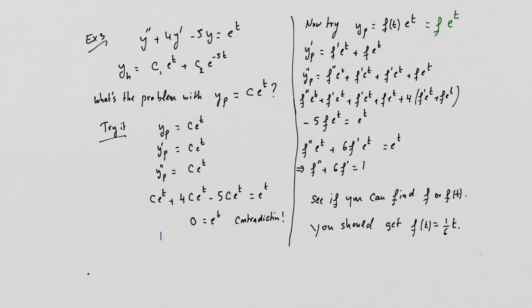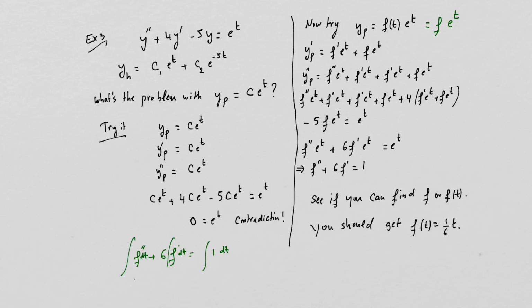Another way to do it is to integrate twice. So you have f double prime or y double prime, right? Plus 6f prime equals 1, just integrate, okay, with respect to t. dt, dt.